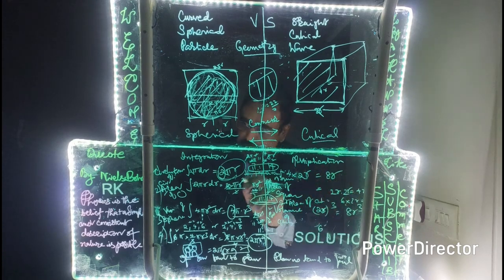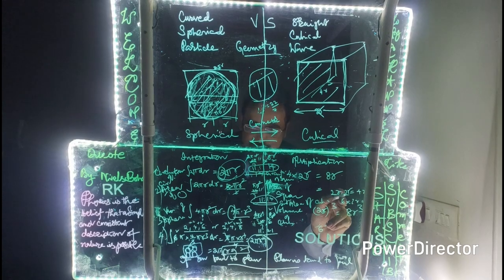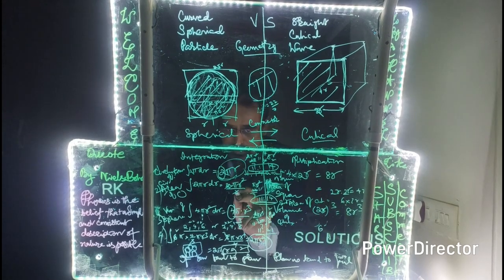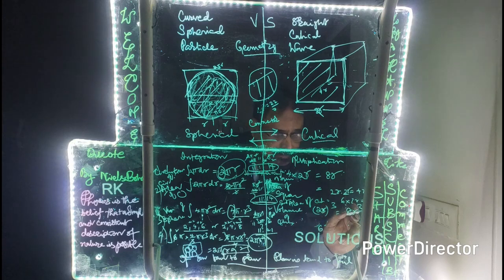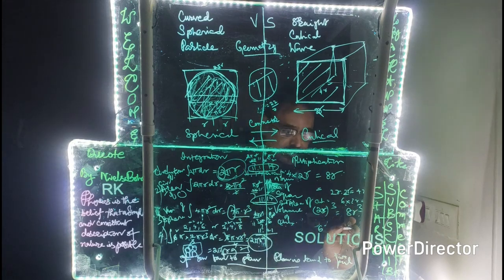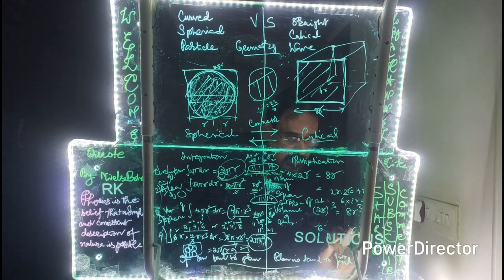This first one is comparable to circumference, the second one is comparable to area, and the third one is comparable to volume. The fourth one will be, let's say, (2r) raised to 4, that is 16 r^4.